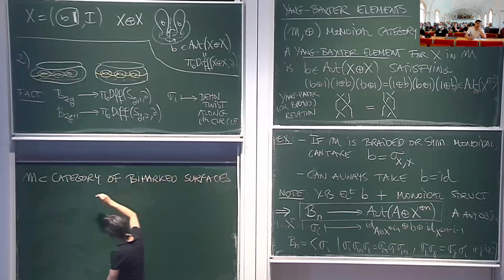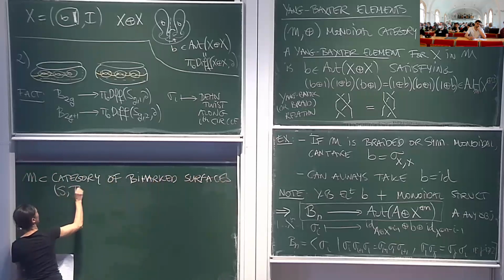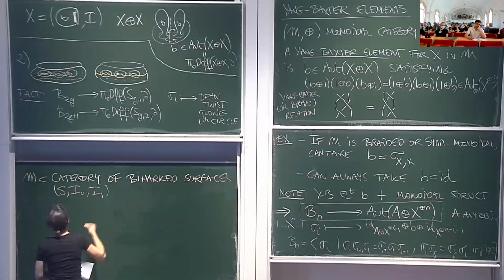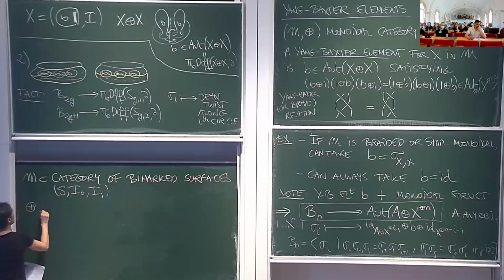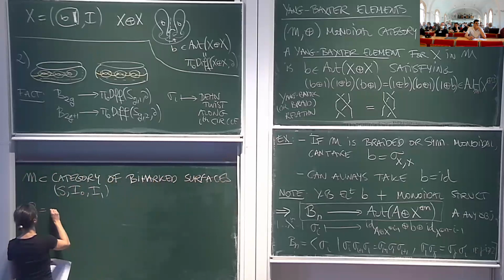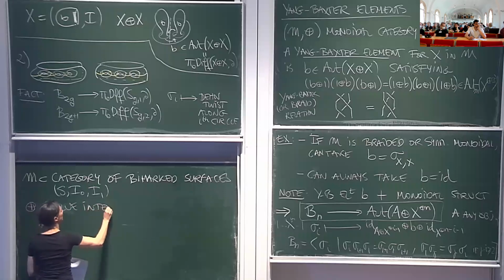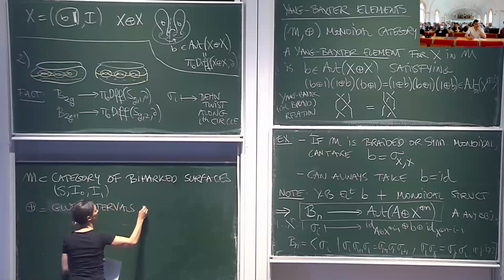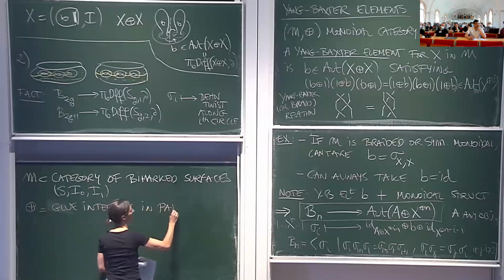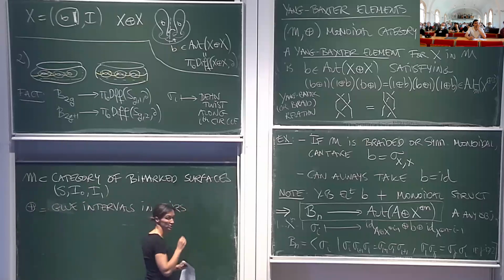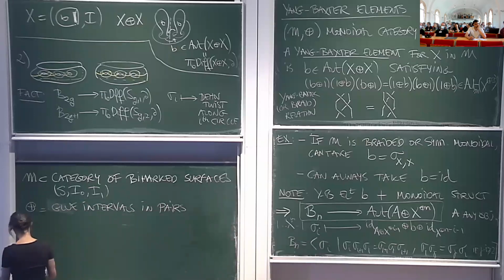Same as before, but I'm just going to have two intervals now, I0 and I1. My sum is just as before, but I'm doubling up: identify blue intervals in pairs. I know which one is the first and which one is the second, and I take the first with the first and the second with the second, with the same gluing as before.